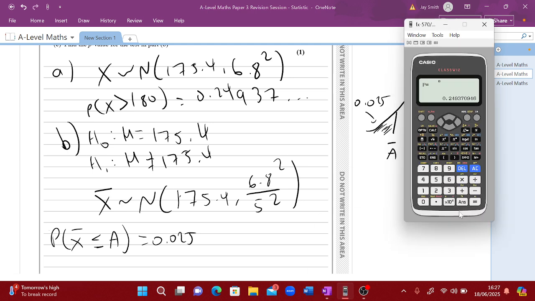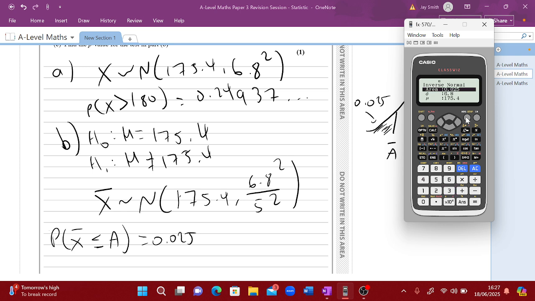The inverse normal says that if we know the area and probability, we work backwards to find the value that gives that probability, which is A. So let's go back to menu 7, and then the inverse normal.